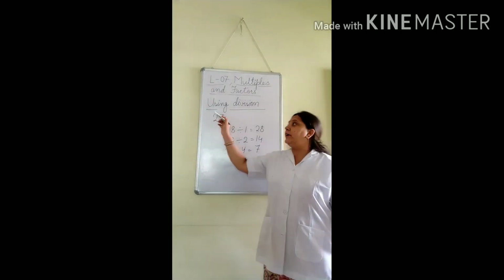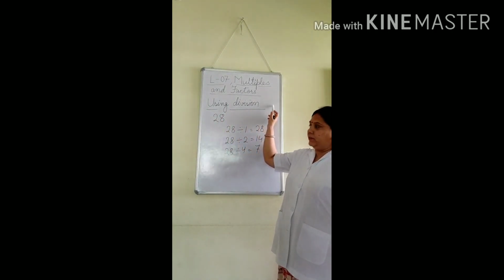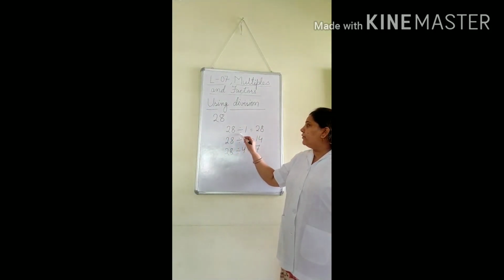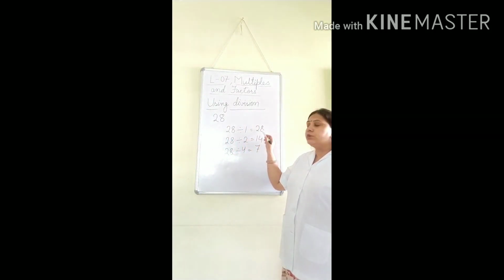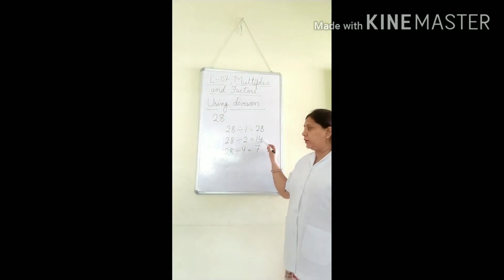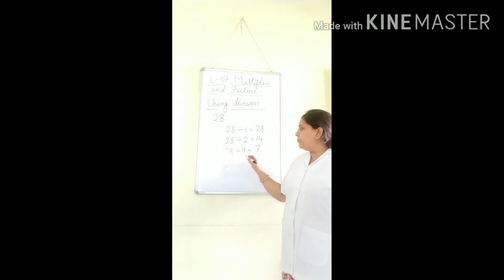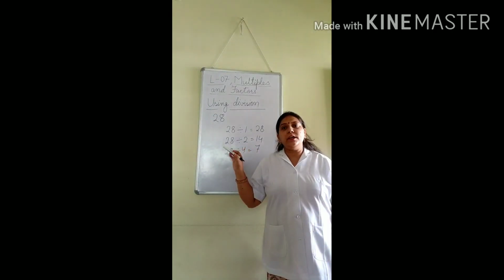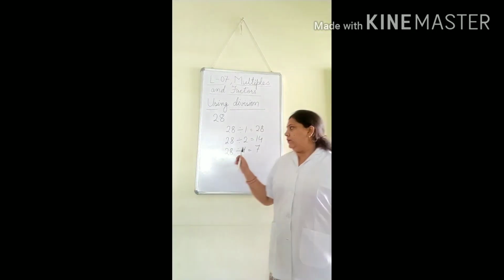We can also find it by using the division method. Let's consider the number 28. 28 divided by 1 equals 28. 28 divided by 2 equals 14 and 28 divided by 4 equals 7. We can't take 3 here because 28 is not divisible by 3.